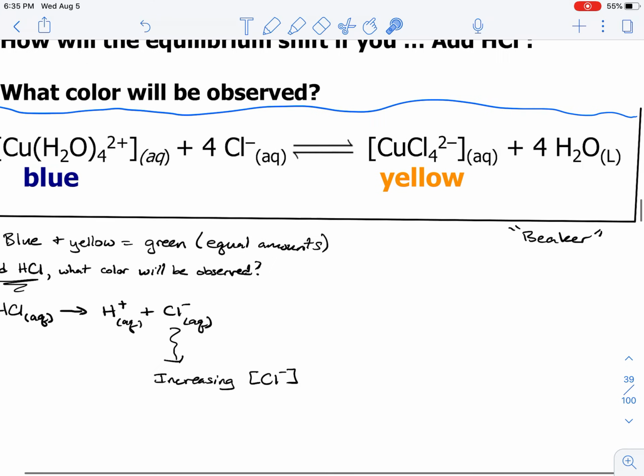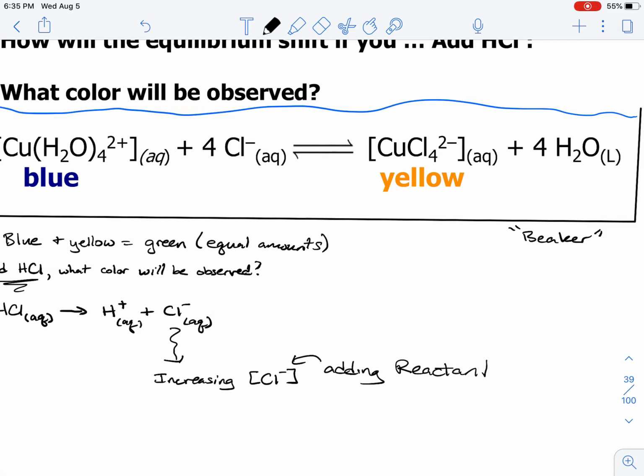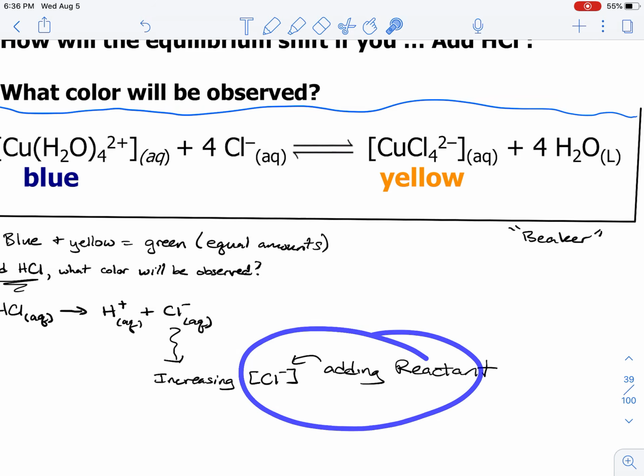Remember, this increase of Cl minus is the stress. So here we're adding reactant, and when we add reactant, that's telling us that the equilibrium will shift to the right so as to counteract the addition of this reactant.